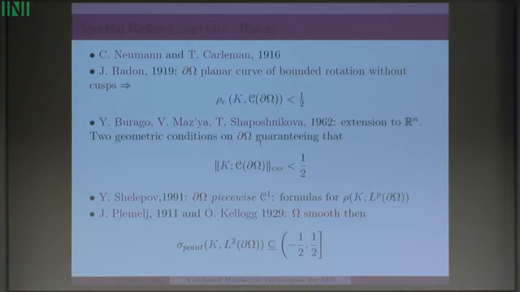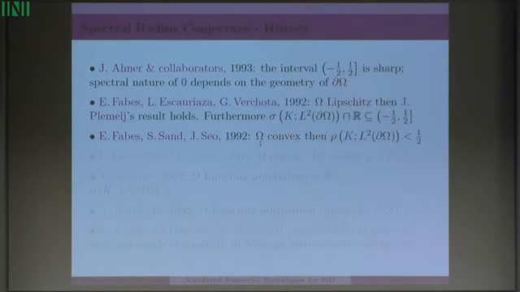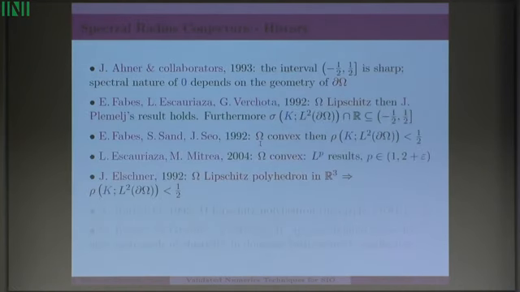Things are known about the point spectrum on L2. The point spectrum eigenvalues are always real and always between -1/2 and 1/2. And more things are known about convex domains, about the point spectrum.